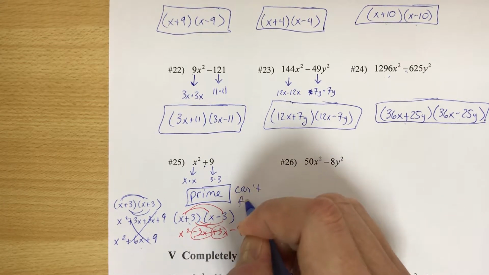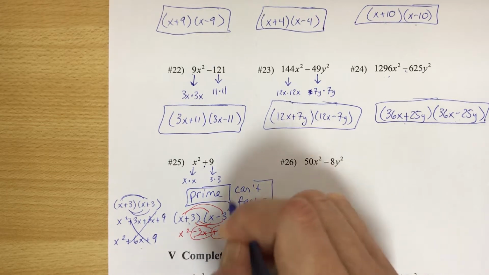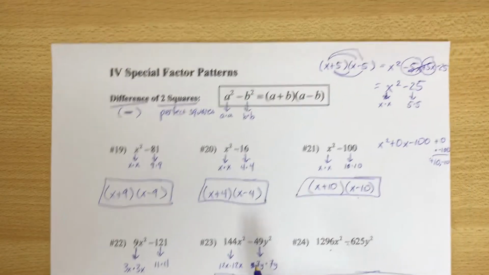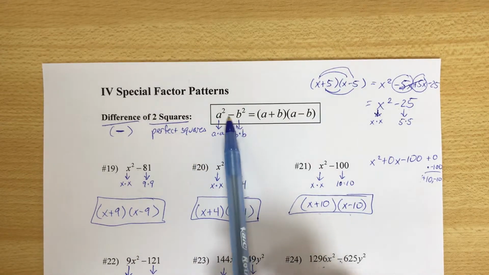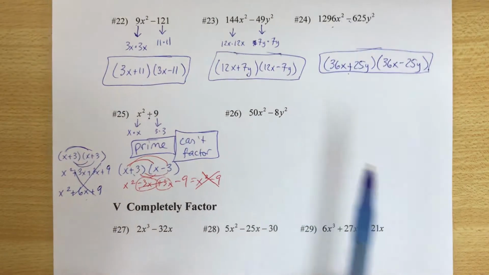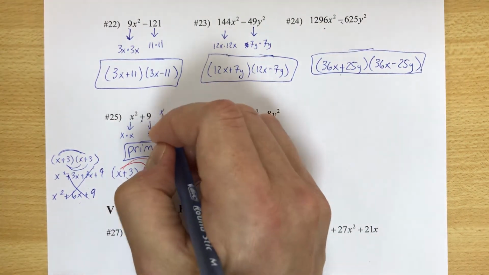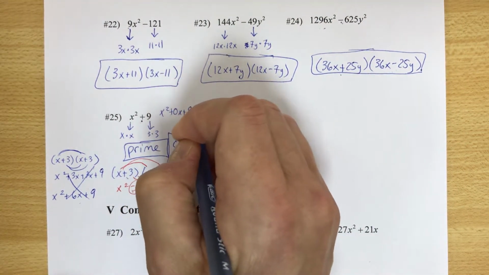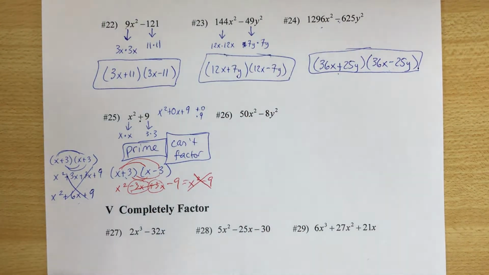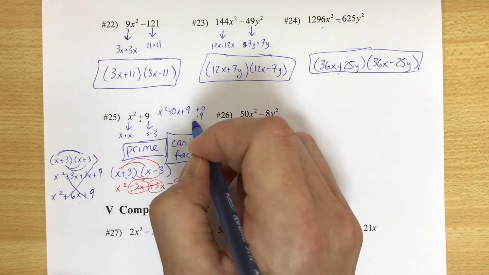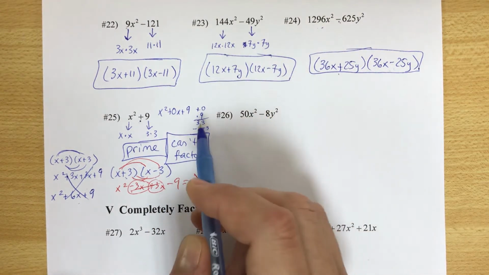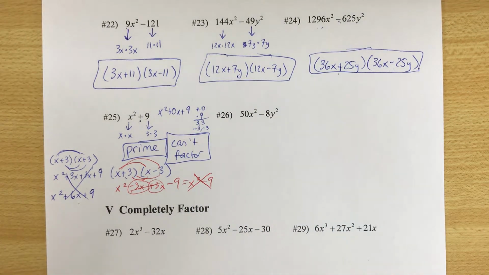We can't factor this. It is already factored. So just be careful. The patterns are great, but it only works for a difference of two squares, and we don't have that in this case. Even if you try it, x squared plus 0x plus 9, what multiplies to 9 and adds to 0? Nothing does. Because to multiply to 9, it has to be 3, 3, or negative 3, negative 3. But that doesn't add up to 0. Okay, so you can't do it.